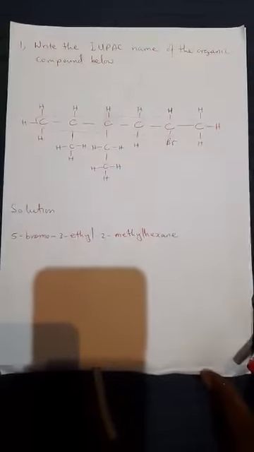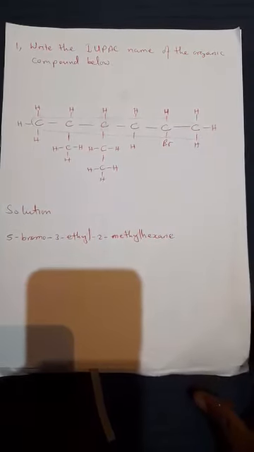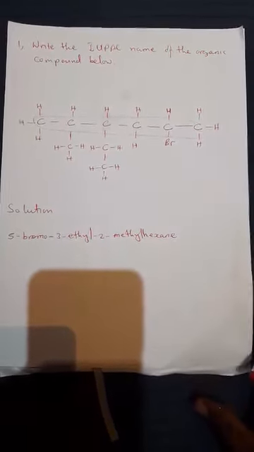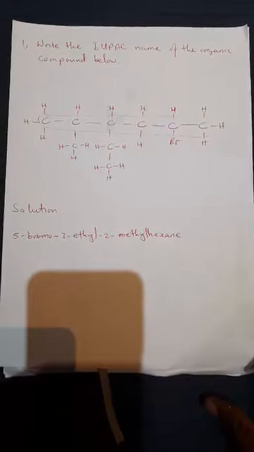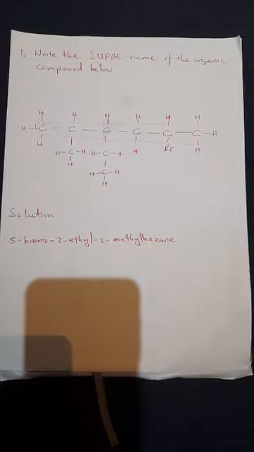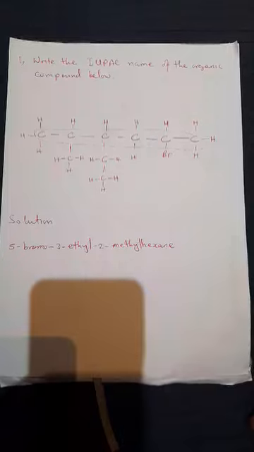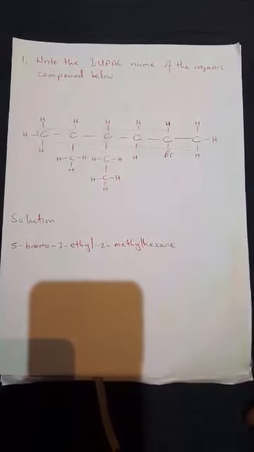So if this is our longest chain, then we now need to go to the next rule. What is the next rule saying? The next rule says number your carbon atoms starting from the nearest end with the functional group, comma, side chain or substituent.